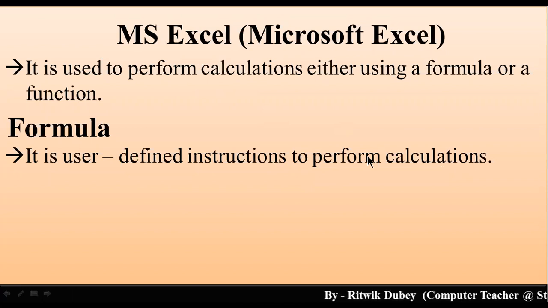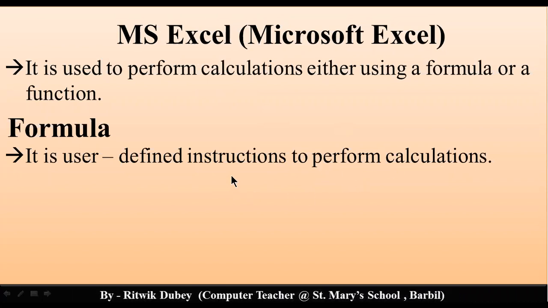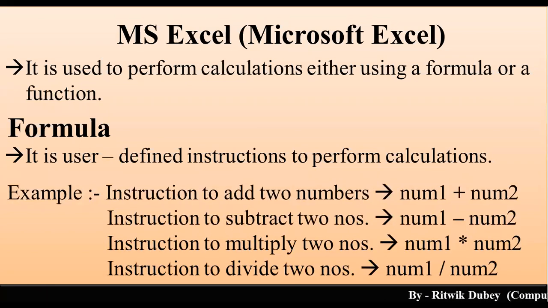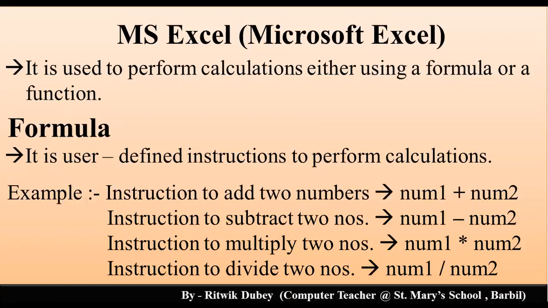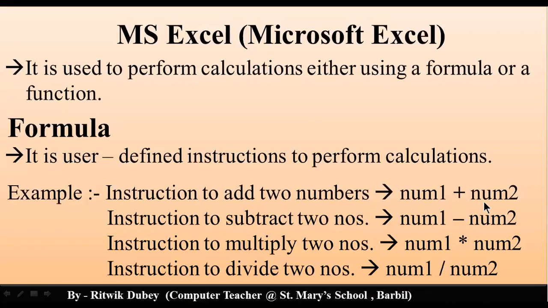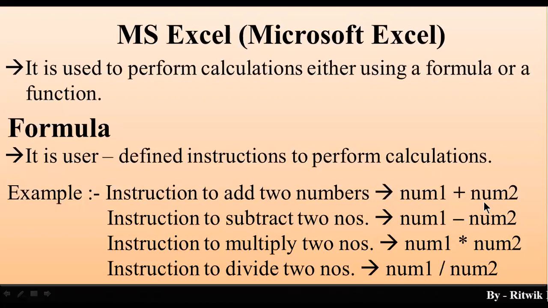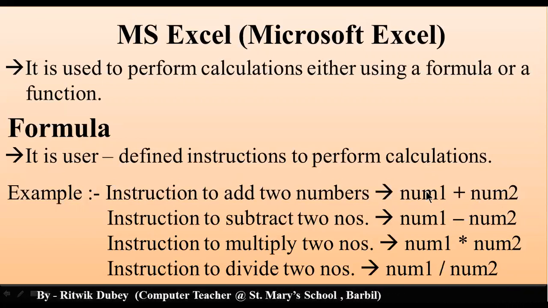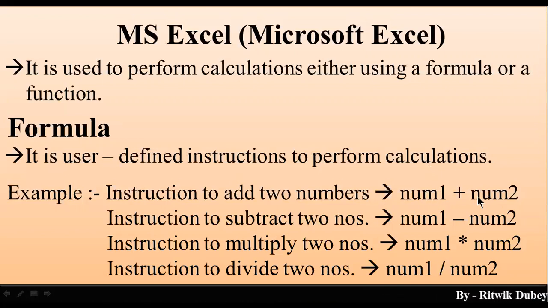Clear? So in order to perform calculations, we need to give some instructions. You might be thinking, what is an instruction, a command? For example, the instruction to add two numbers can be num1 plus num2. This is an instruction telling MS Excel that num1 is a variable holding a value and num2 is another variable holding another value, so you add these two numbers and give the result.